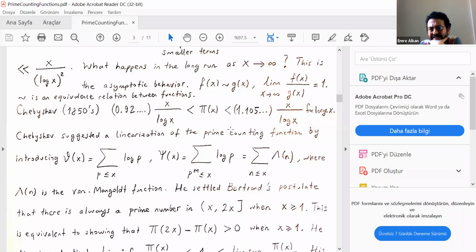I should say that all of these really depend on a study of the prime factorization of the central binomial coefficient, 2n choose n, okay? And you can sense why it's related with this interval, 2n choose n.